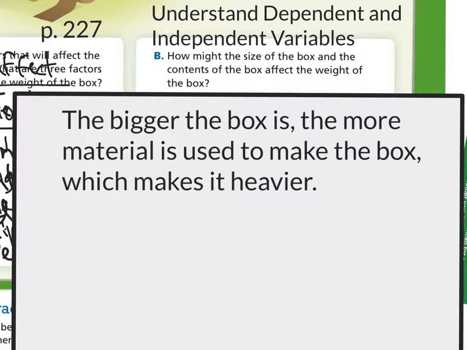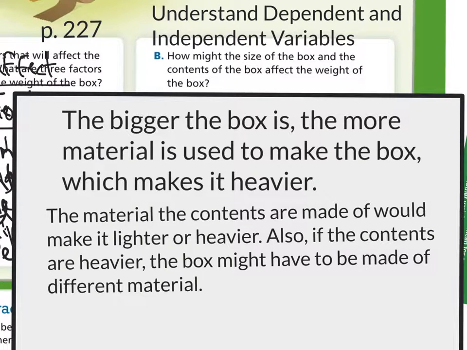For the size of the box, we could say the bigger the box is, the more material is used to make the box, which makes it heavier. And the material the contents are made of would make it lighter or heavier. Like if something was made out of concrete versus paper, that is going to affect the weight.